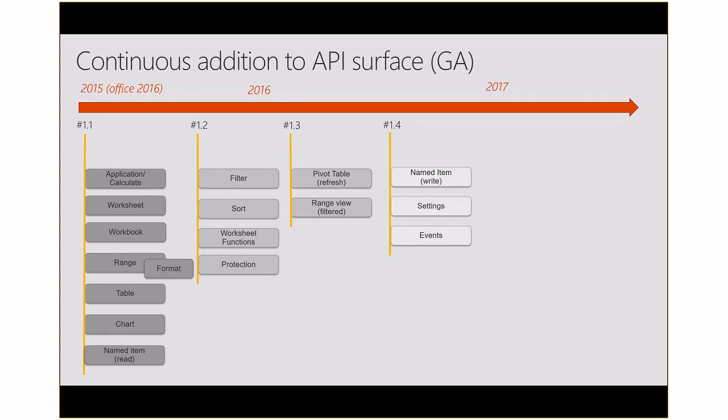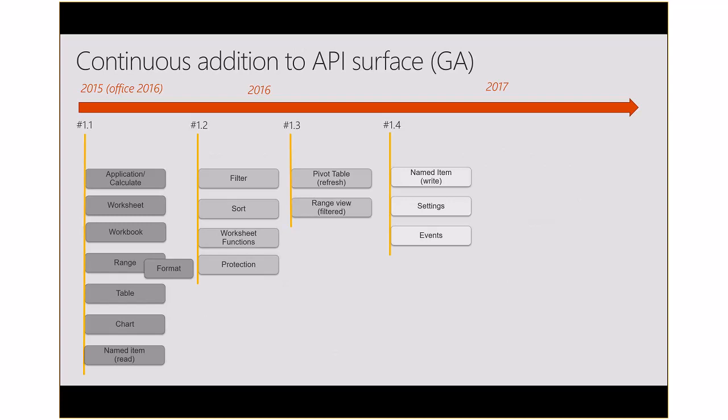Now, first, let's look at the API capabilities that we offer. Starting with 2016, we started offering Excel namespace-specific JavaScript APIs. And since then, we have done various additions. The APIs provide broad coverage for essential objects such as range, worksheet, tables, and charts.